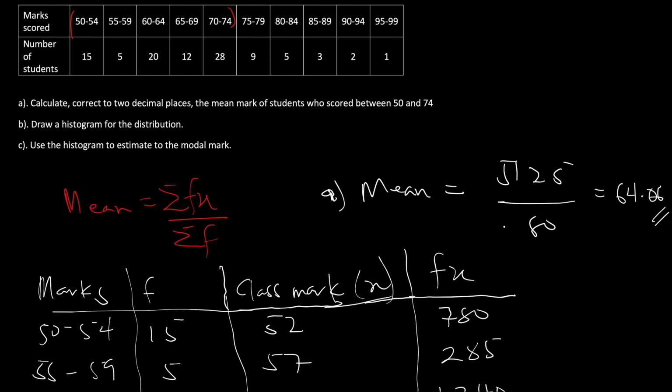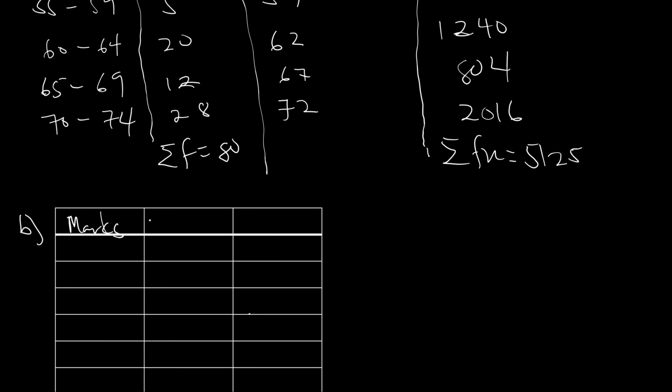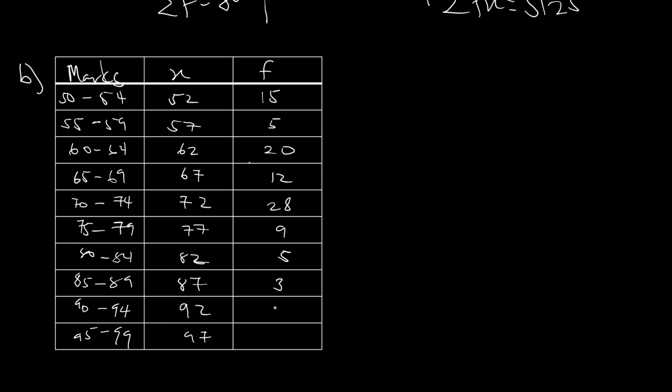All right, so moving on to B, draw a histogram for the distribution. So for B, we draw a table for our histogram. We have our marks, we have our class mark, which is our x, and we have our frequency, which is our f. So for the marks, we have 50 to 54, 55 to 59, so our table will look something like this.